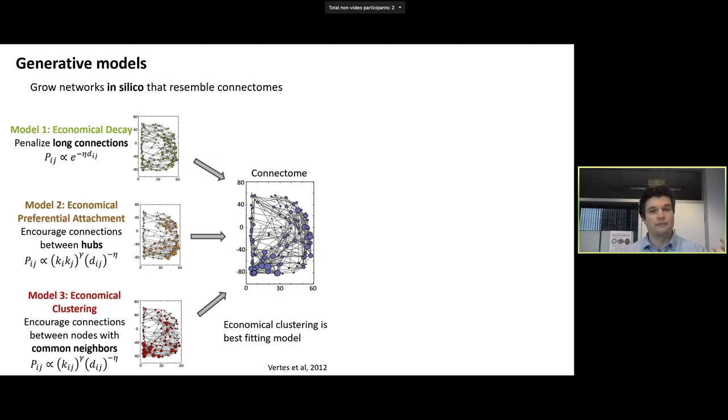There's a geometric component to the model, and then there's a topological component. The best fitting model was the one shown on the bottom here, the economical clustering. Pij represents the probability of forming a connection between a pair of nodes. So the best model was that we encourage connections between pairs of nodes that are physically close to each other, and also that share common neighbors. And this is a property referred to as homophily.